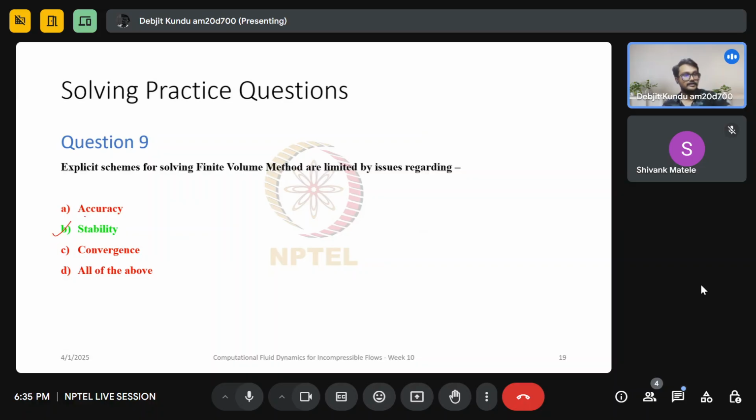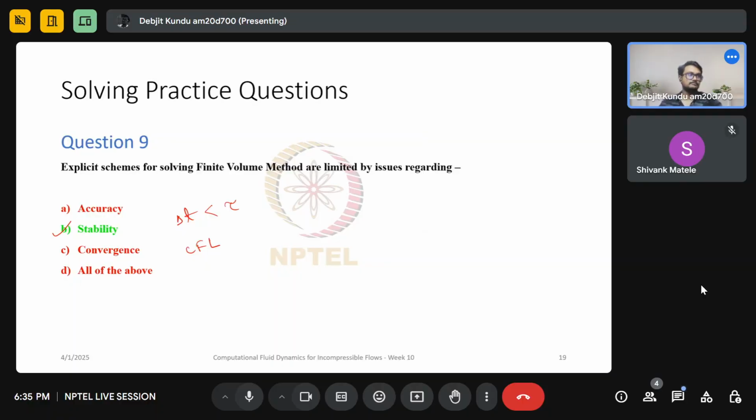So in explicit schemes, your delta t has to be less than a certain threshold, right? Which are dictated by different stability criteria. We learned about the CFL criteria and other things associated with it. So this is the main disadvantage of explicit schemes.